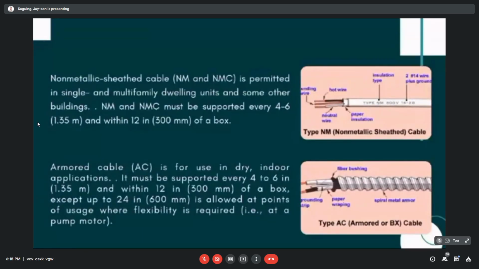It must be supported every 4 to 6 inches or 1.35 meter and within 12 inches or 300 millimeter of a box.